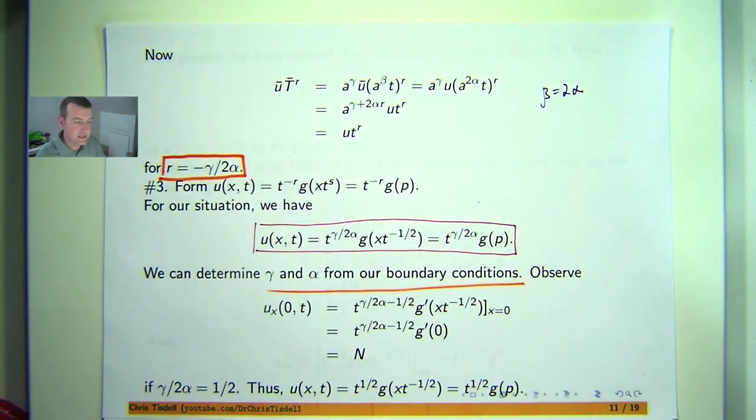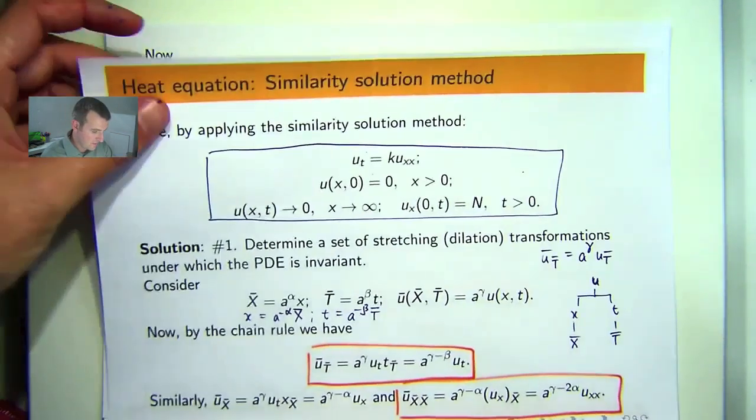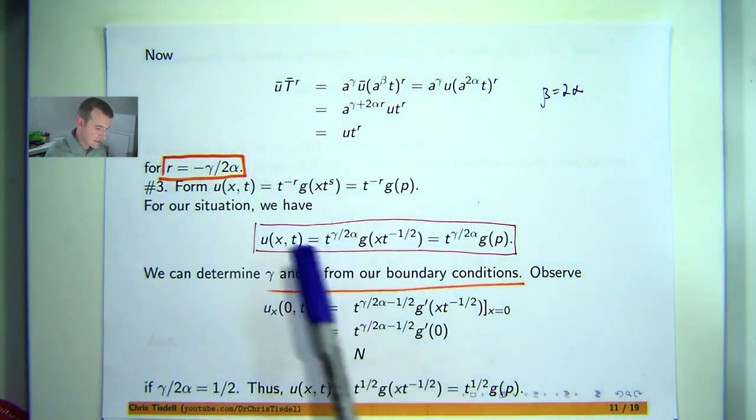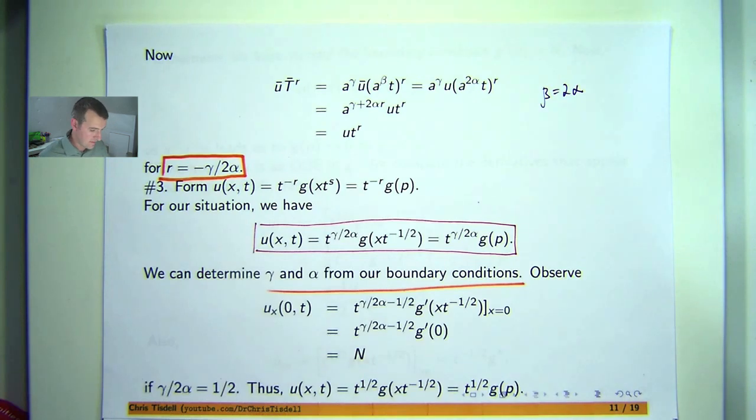So what are our boundary conditions? Well, if you look back to the original problem, we've got this limiting condition here, and for example, this flux condition. So how do they translate to this new form? Well, if we take this form and differentiate it with respect to x and plug in x equals 0, by using the chain rule, we'll get the following.